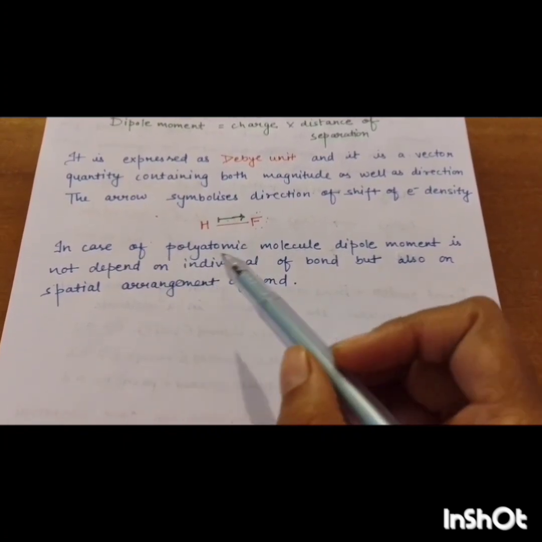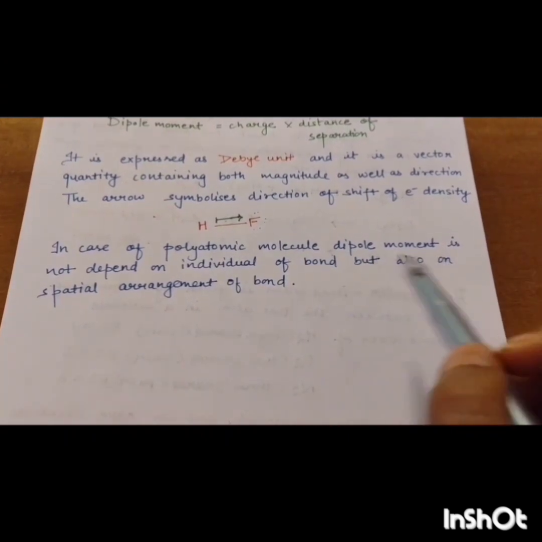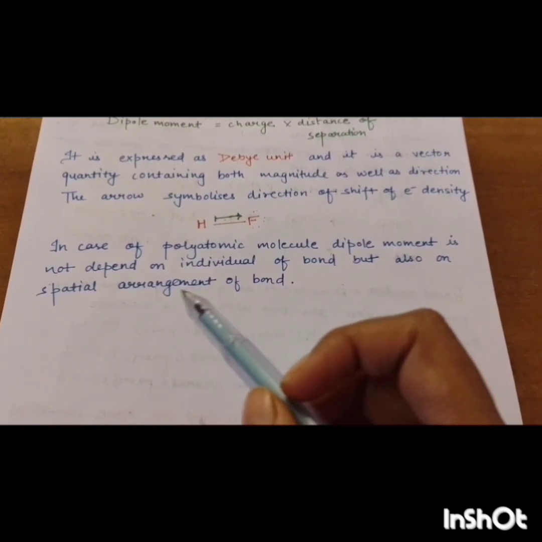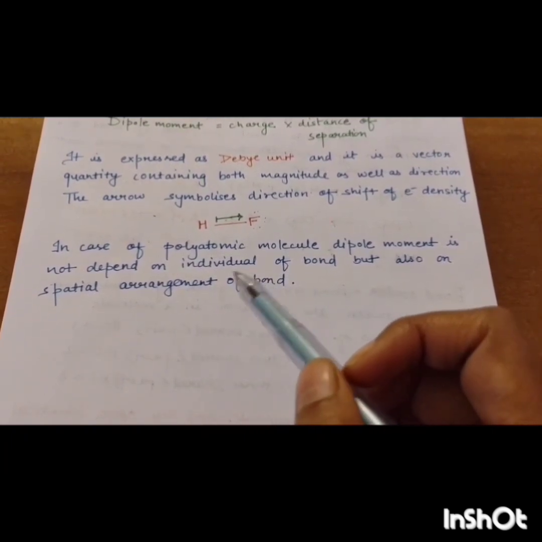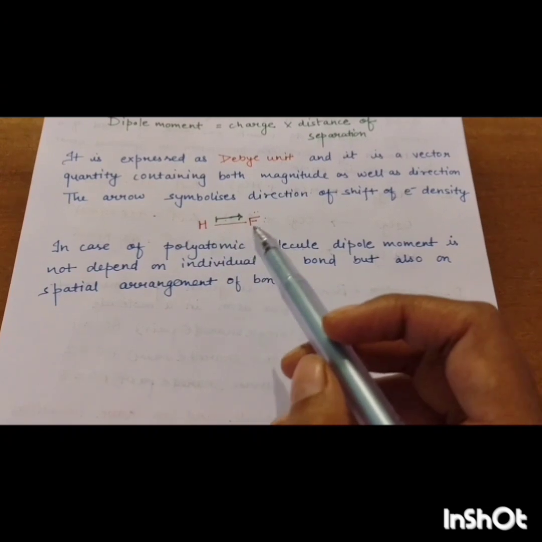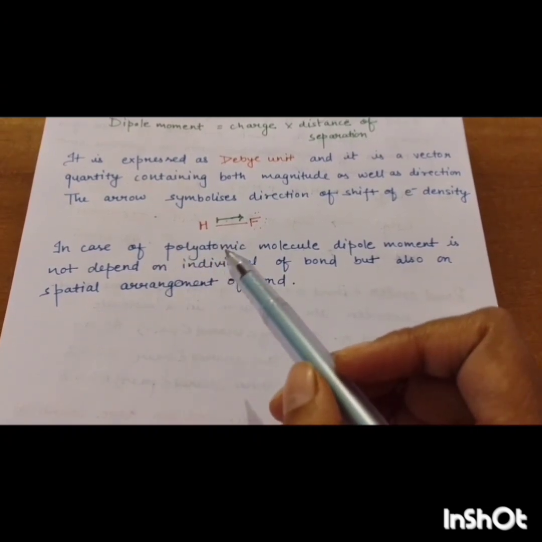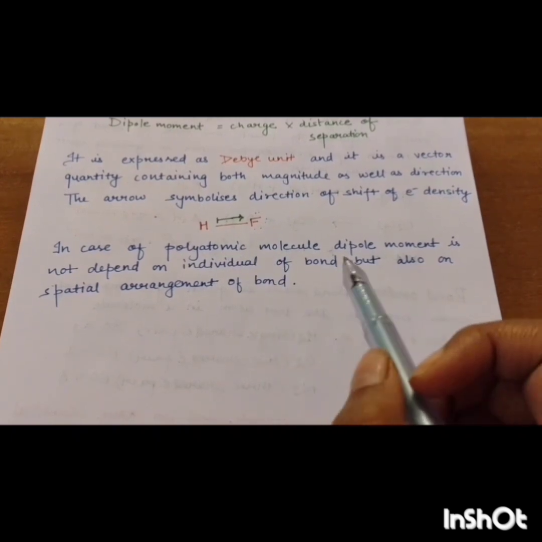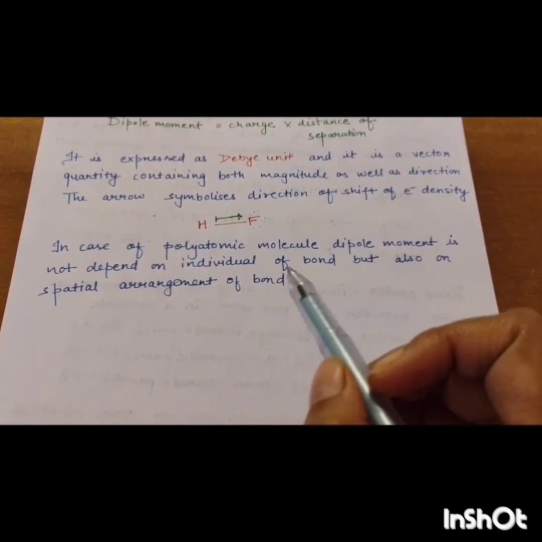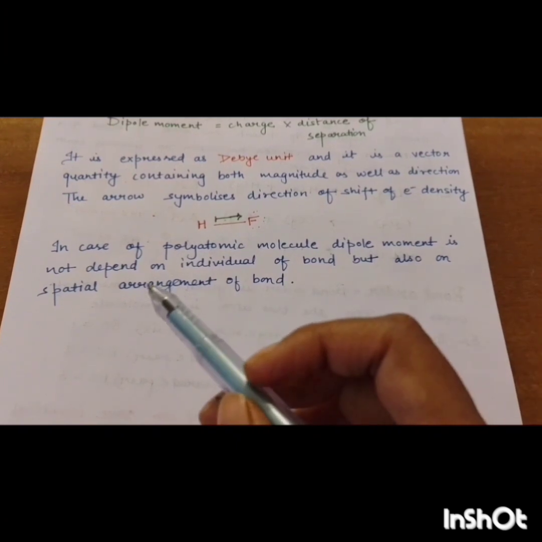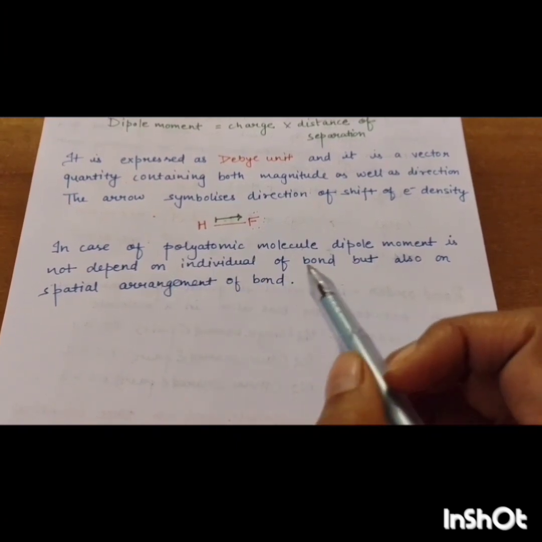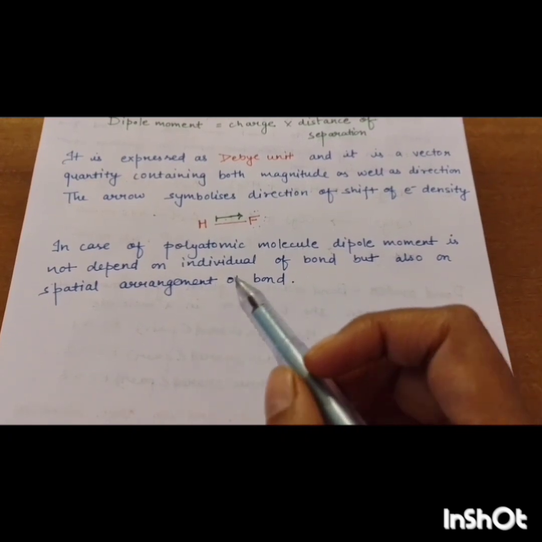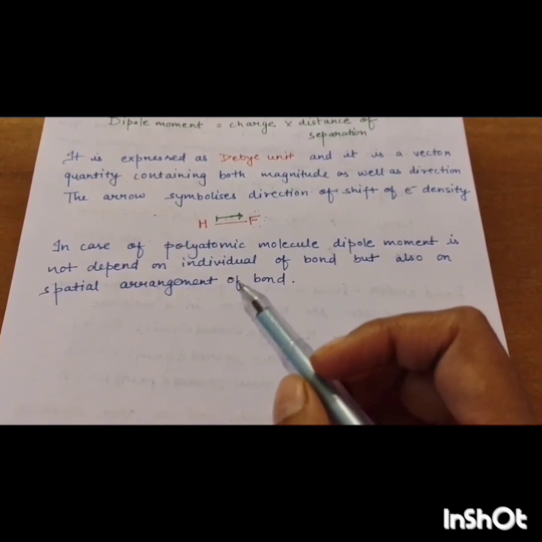Now in the case of a polyatomic molecule, with more than 2 atoms, the dipole moment does not depend only on the individual bonds but also on the spatial arrangement of the bonds.